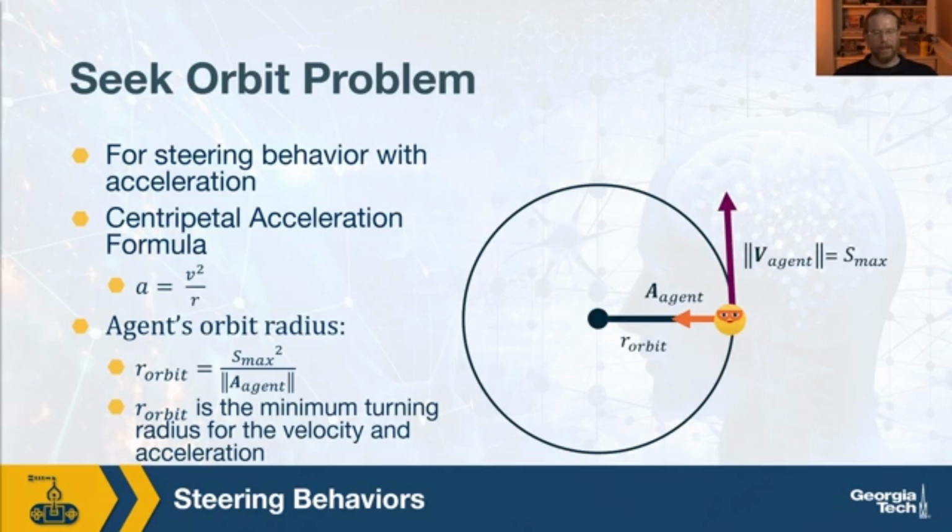So in that case, we will be able to determine our radius. And so that's the minimum turning radius for the agent for that given velocity and acceleration. Now, typically what you plug into the equation would be the max velocity and the maximum acceleration, because in video games your agents are always trying to go full speed and accelerate as quickly as they can to that full speed. But that clearly identifies the problem that you can run into.